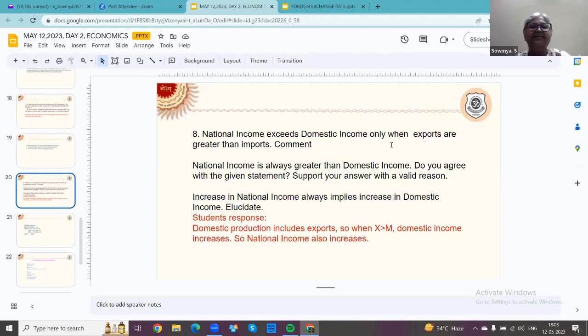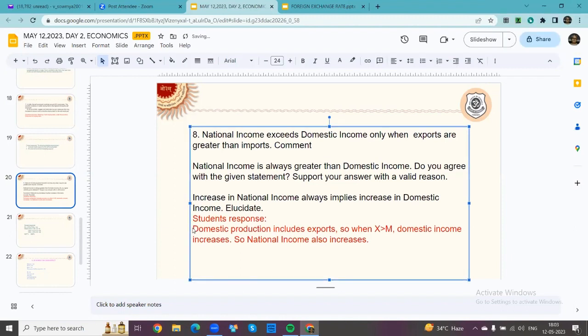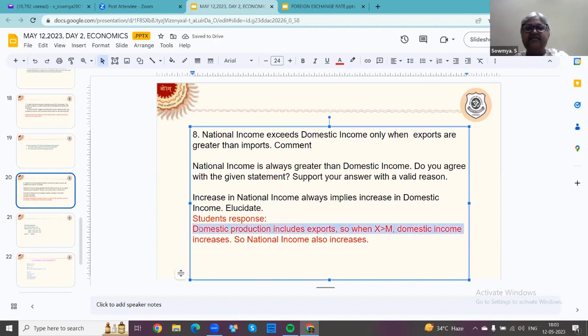So that does not matter. Look at this bit: domestic production includes exports. So when X is more than M, domestic income increases, so national income also increases.